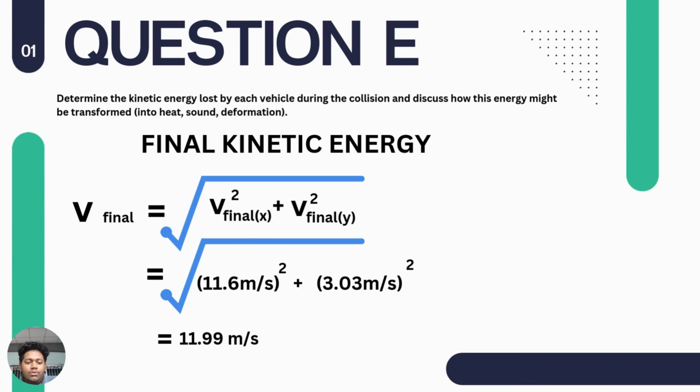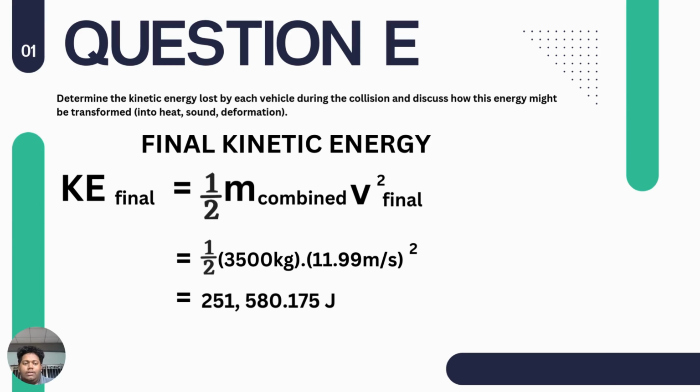So we substitute inside this formula: 11.6 meter per second squared plus 3.03 meter per second squared. Square rooting the answer, we would get a final velocity of 11.99 meter per second. So now we can find the final kinetic energy, which is equal to half combined mass times final velocity squared, which is half of 3500 kg times 11.99 meter per second squared, which gives us 251,580.175 joules.